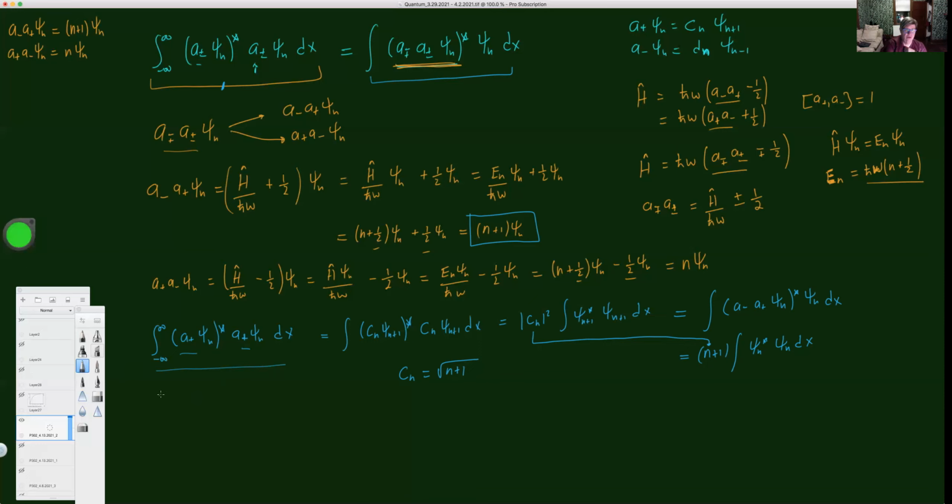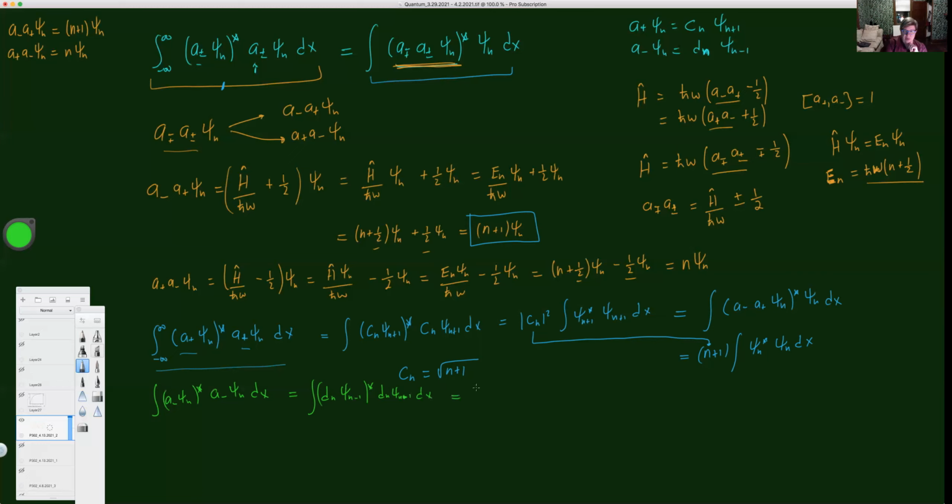We have the integral, now we're going to take the bottom sign, so the integral of a minus psi n star, a minus psi n dx, that's going to be equal to the integral of, remember the dn's, so we're going to substitute dn psi n minus 1 star dn psi n minus 1 dx.